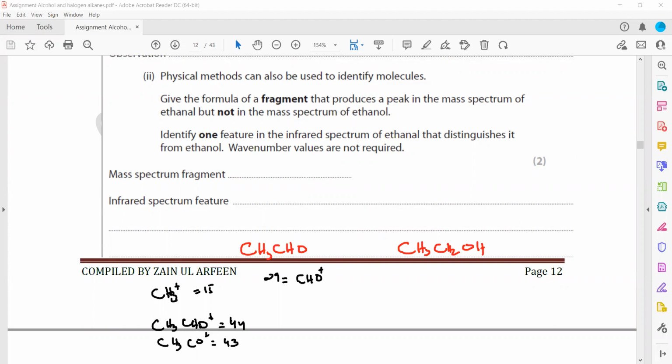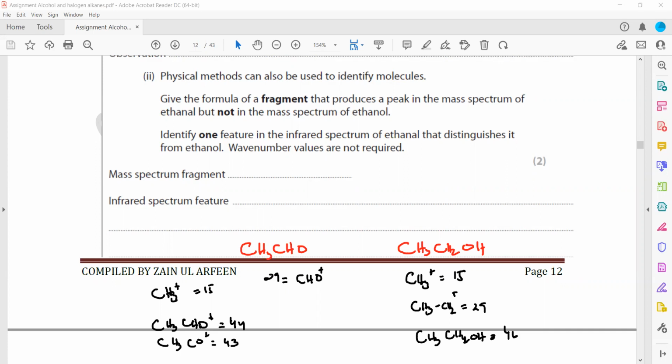Now for ethanol, when we break down this ethanol, it might be CH3. So left to right, 15 will be there. CH3CH2, so 24 plus 5, so 29 will be there. And then the molecular ion will be there, CH3CH2OH. So 24 plus 6, 30, plus 16. That will be 46.